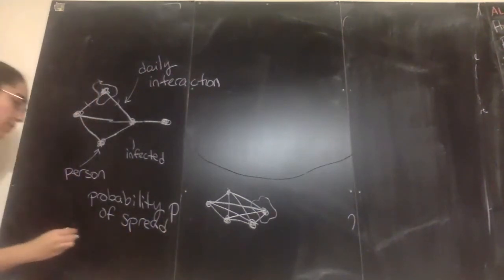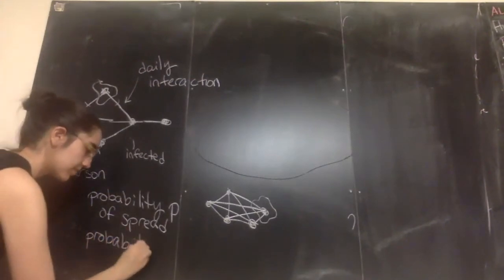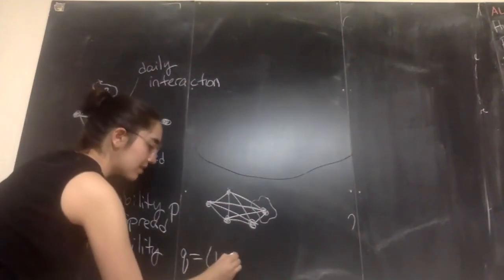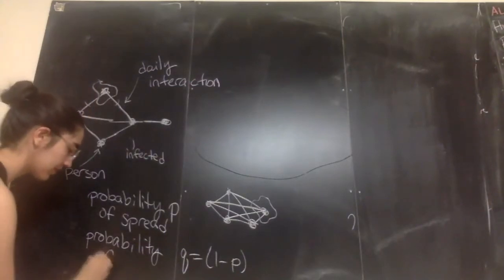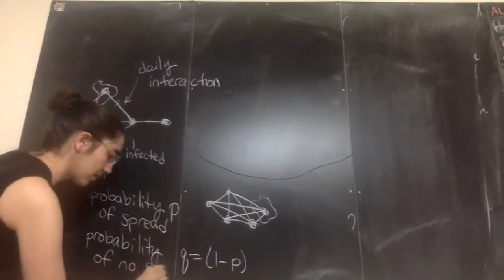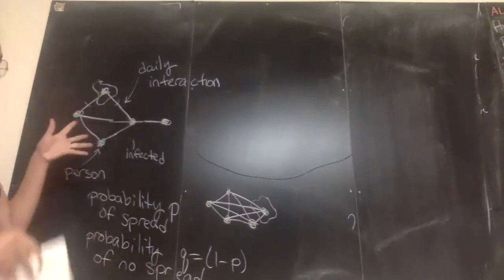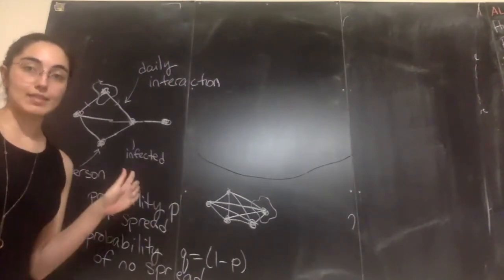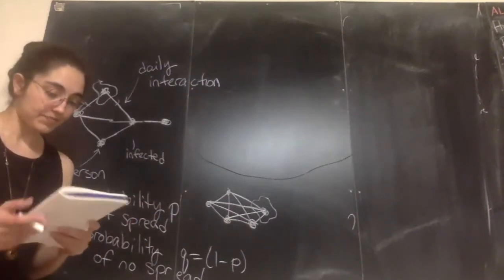That also means that there's a probability of Q, which is equal to 1 minus P, that the disease does not spread. Since this is a daily interaction, we're looking at this on a day-to-day basis. So how many days until the entire network becomes infected?